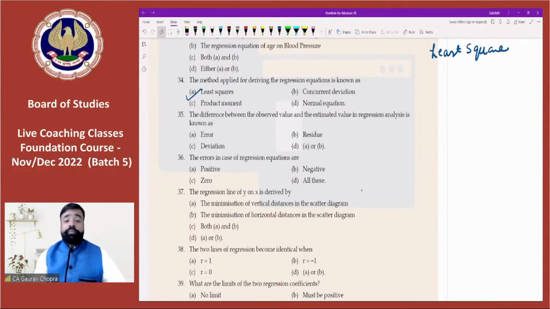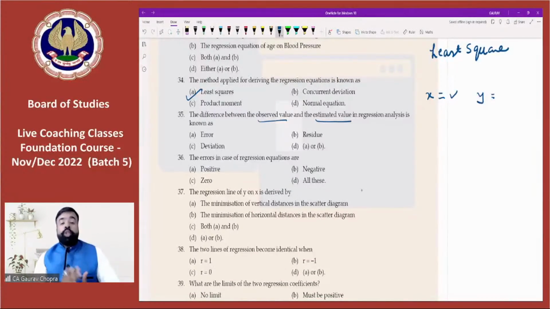Now 35. The difference between observed value and estimated value in regression is known as. Now we know that in regression we always estimate the value. That is, let's say when x is given, we estimate the value of y. So one is the estimated value and the other is the actual value.